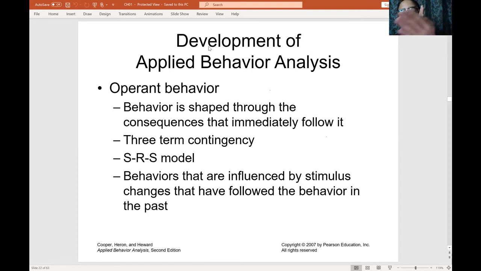If the dog got the food after he barked, then he's operating in the environment and he is engaging in a behavior that gets him the food, right? So there's a change in the environment that he did by operating the behavior, and now he's getting the food.